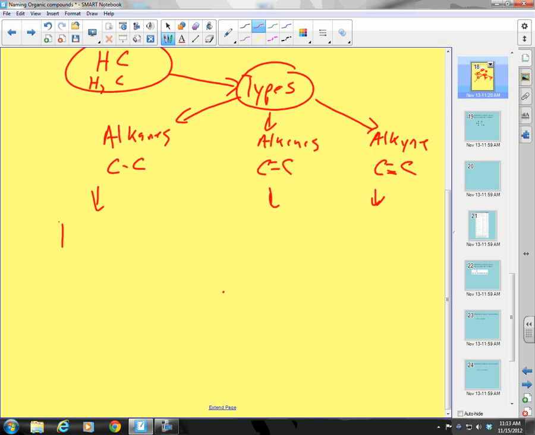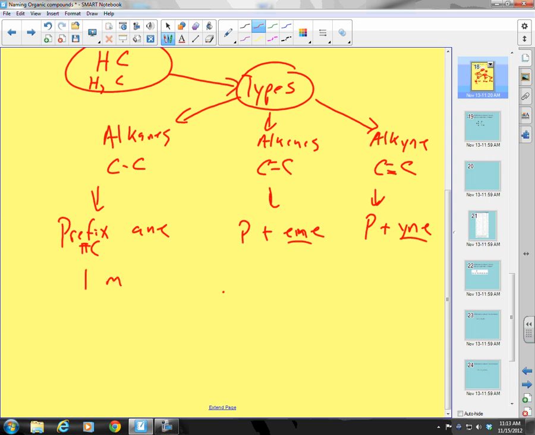We put a prefix, which has to do with the number of carbons, and then we add ane for alkanes. We use our prefix plus ene for alkenes, and we use our prefix plus yne for alkynes. And what are our prefixes?